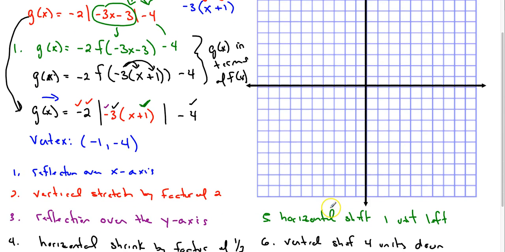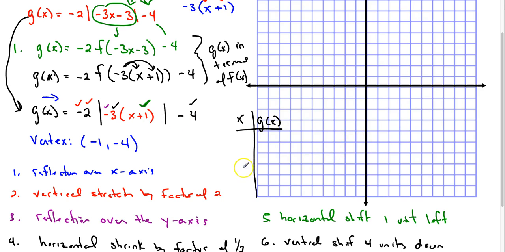Last piece. We're going to graph this. It's my first time graphing this function. To be safe, I'm going to make a table. So let's go x and g of x. Where should I start?